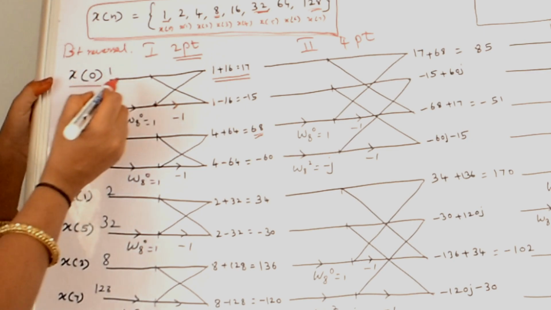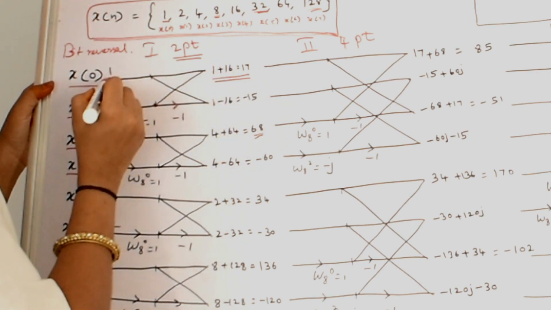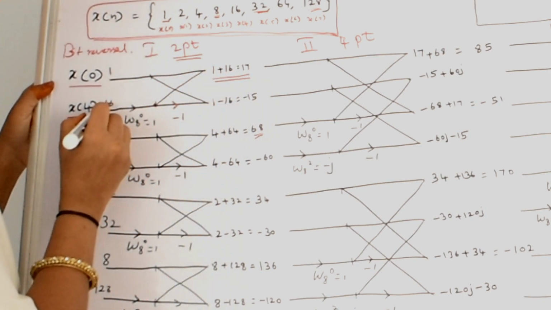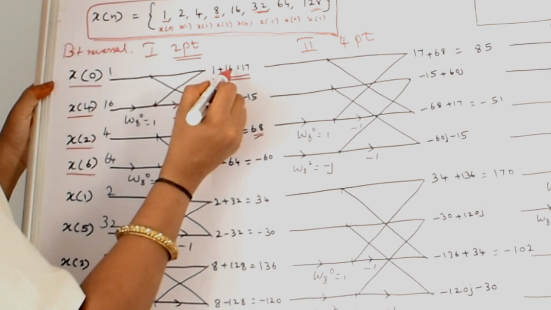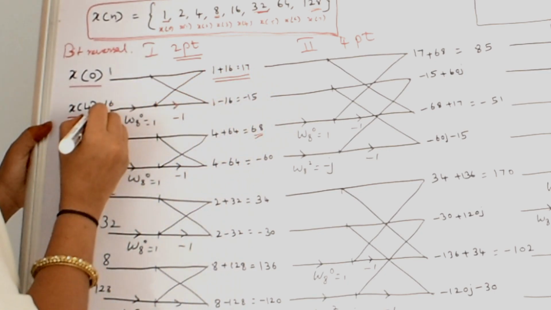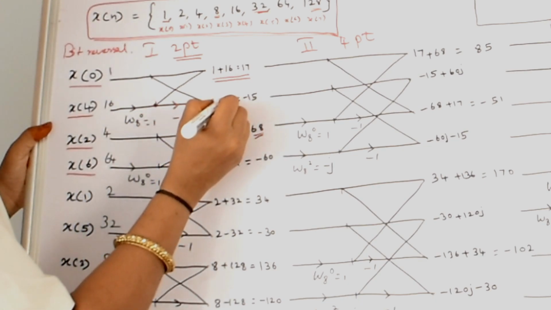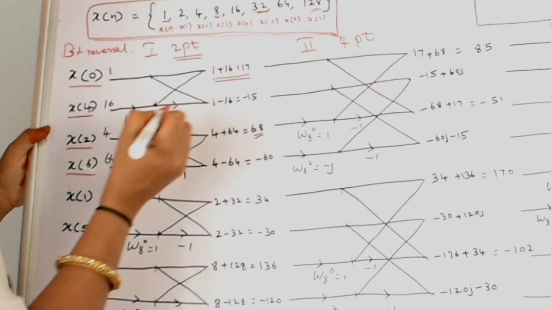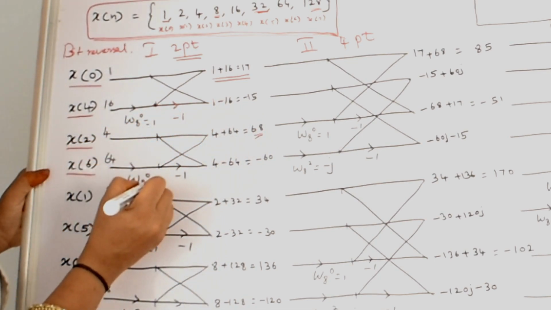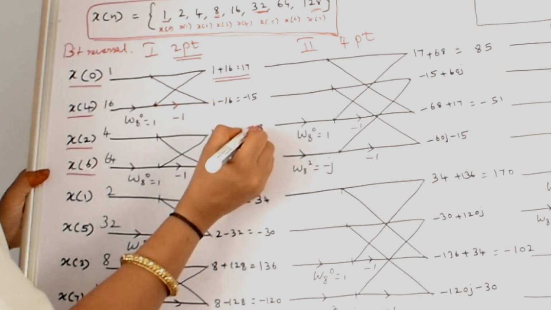Now the equations. First input is 1, we are taking 1. The next is 16 into 1, which is plus 16, it is 17. The next one, 16 into 1 into -1, so it will be -16, your answer is -15. The next one, 4 plus 64 into 1, that is 68.